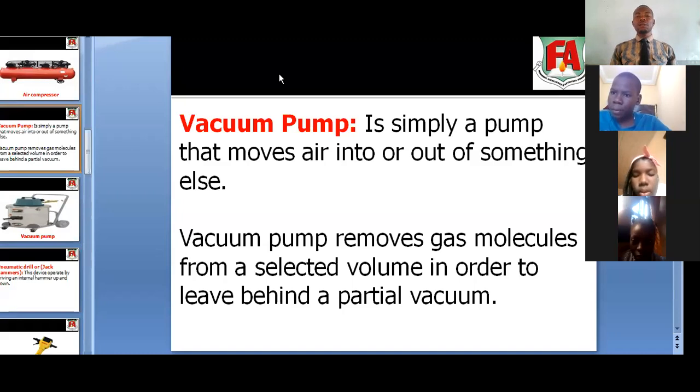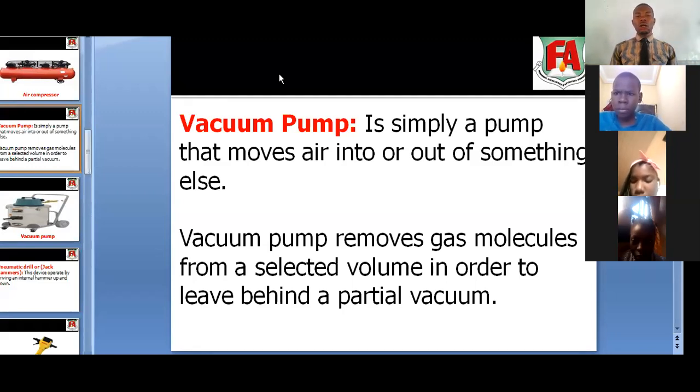That is why it's simply a pump that moves air into or out of something else. We also call it a vacuum machine. Either you call it a vacuum pump or you call it a vacuum machine. Many of you have seen it, and many of you have a vacuum machine in your house.